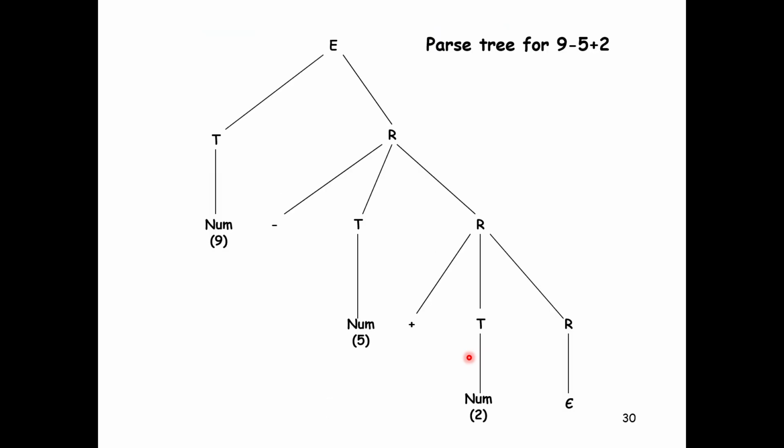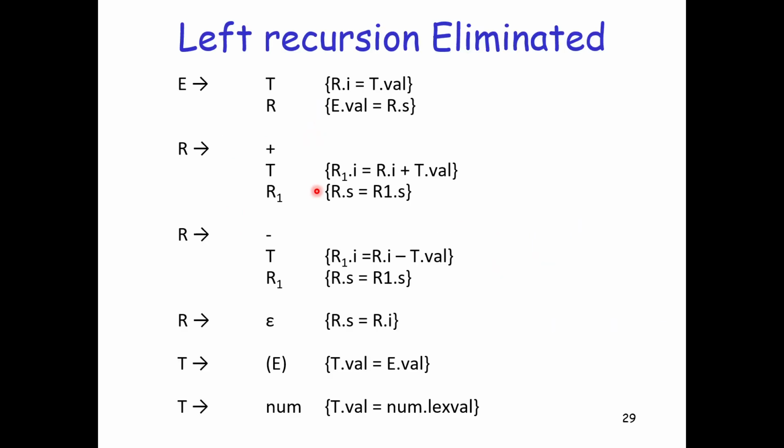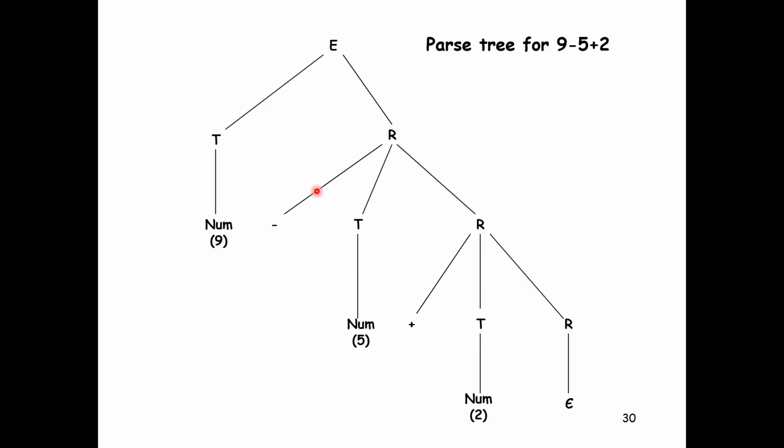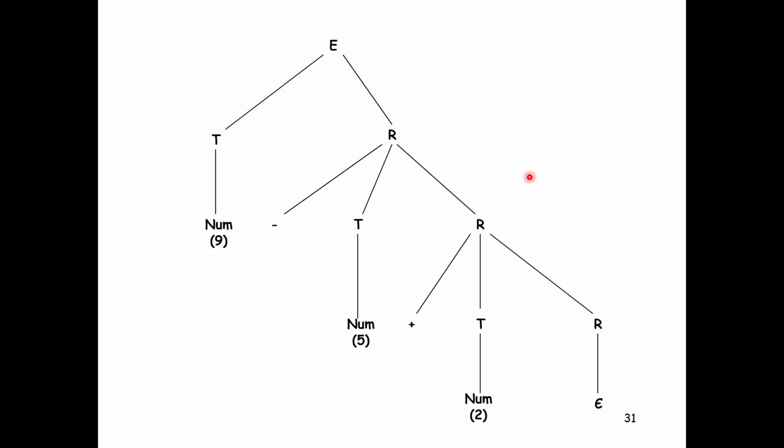So consider this parse tree for 9 minus 5 plus 2. Here, it gets evaluated as 9 minus 5 is 4, plus 2 is 6. We use the left recursion free grammar, construct the parse tree, supply the translation scheme, and associate the semantic rules with this parse tree, then start computing 9 minus 5 plus 2.